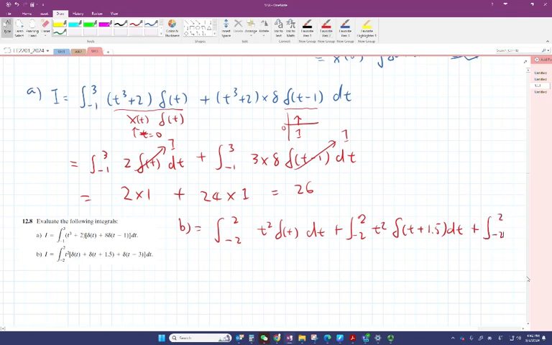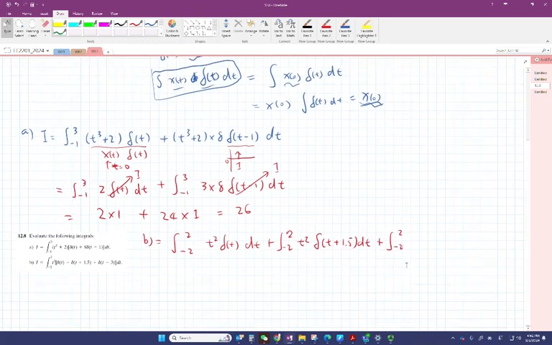The last one is the integration from -2 to +2 of t cubed multiplied with delta t minus 3 dt. In the first case, the location is t equal to 0. We plug it in. So with t equal to 0, the whole thing is gone.